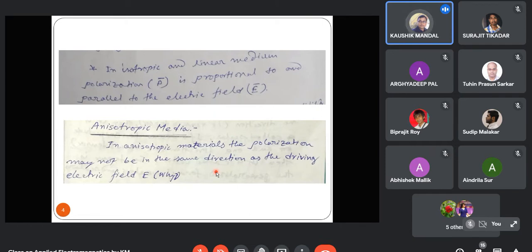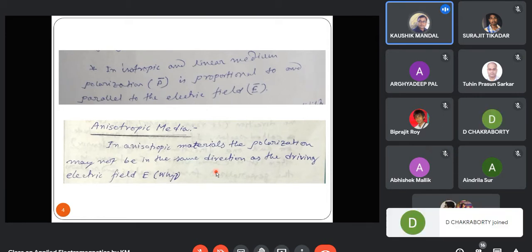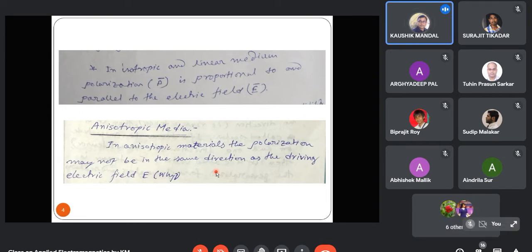That is the main difference between isotropic medium and anisotropic medium. So the question is, why is the induced polarization not in the direction of driving electric field in case of anisotropic media?